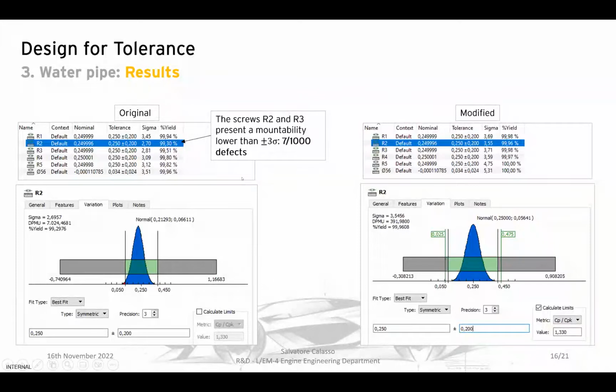So each 1,000 engine could be a probability to have 7 failure. So we modify the drawing, increasing the tolerances, but changing the tolerance scheme in order to shorten the tolerance stack up.